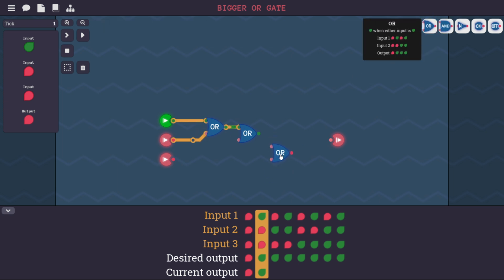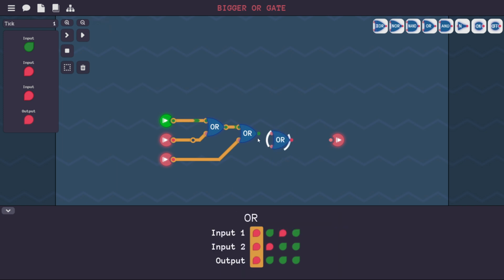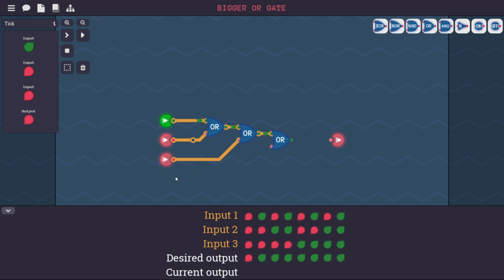Like, say we had a 4th, this is the 3rd one, this is the output, and let's say we had another input over here, we would need to chain again like this, and another one from here to here, and then to the output. That's how you make an even bigger OR gate. But for today we just have 3.